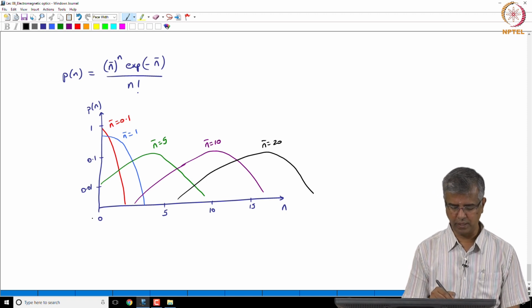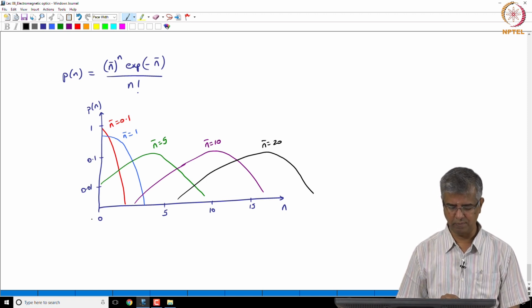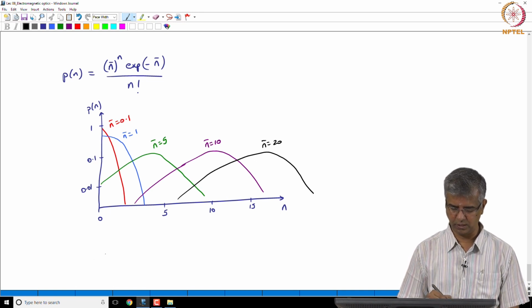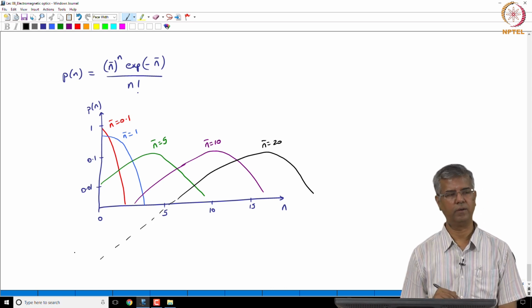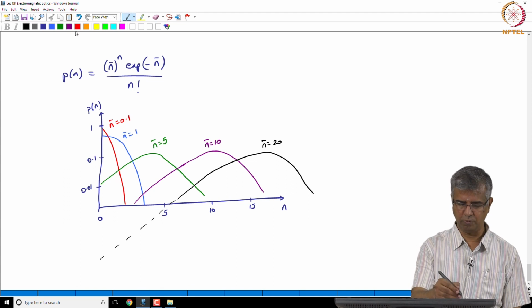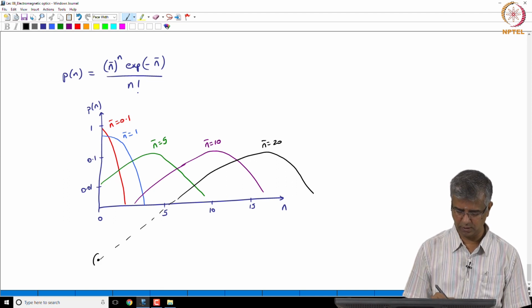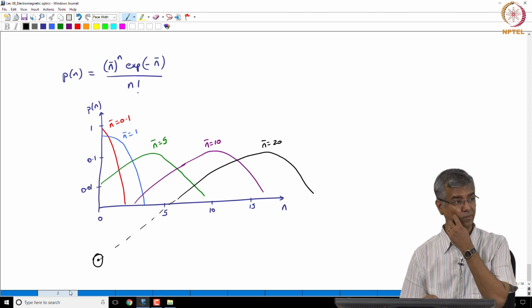Of course, we have a y scale here that goes only up to 0.01, but if you extrapolate over here, you will find that it goes to a fairly low value. What we are trying to find out is this point over here.